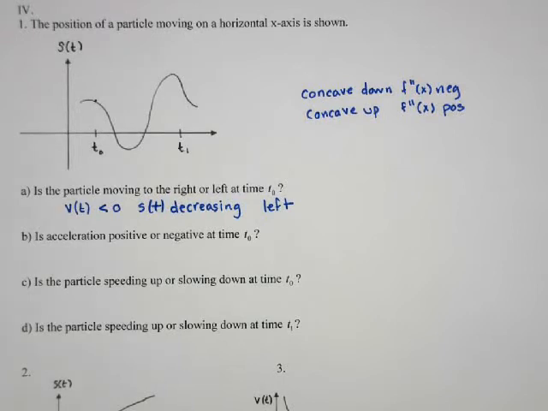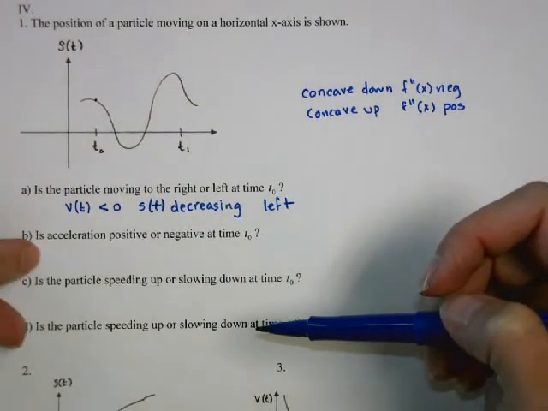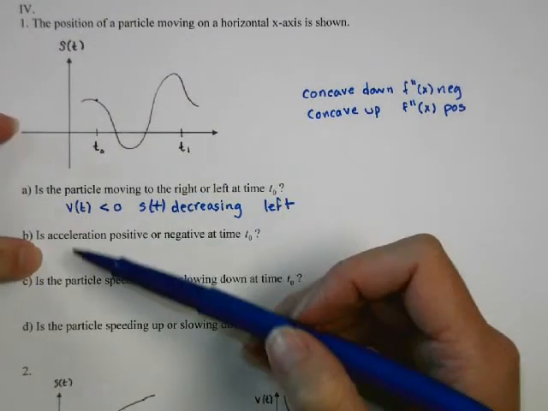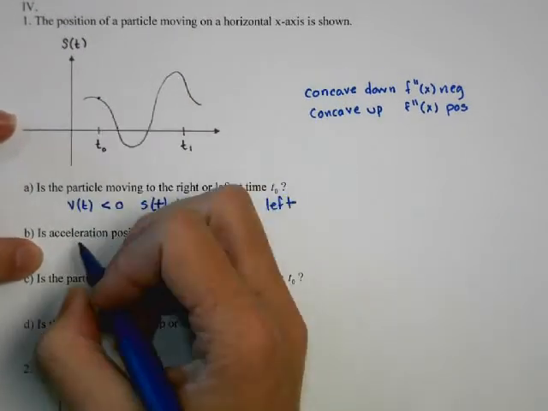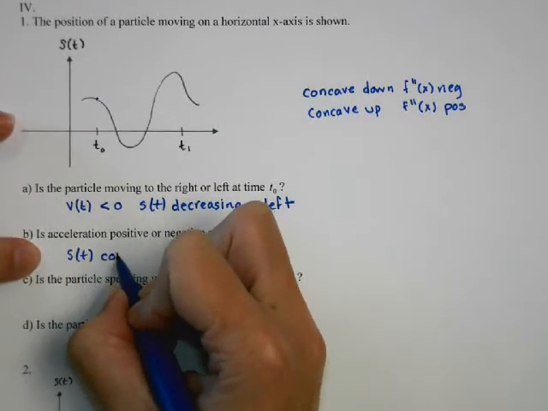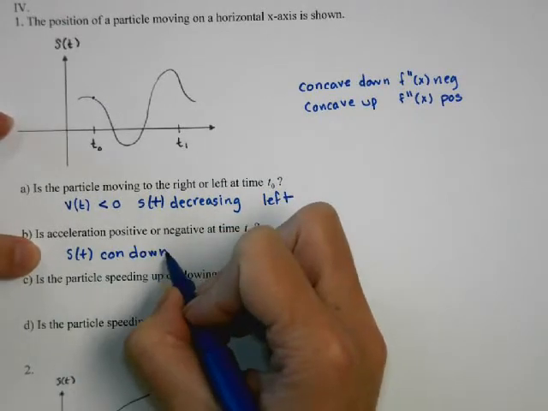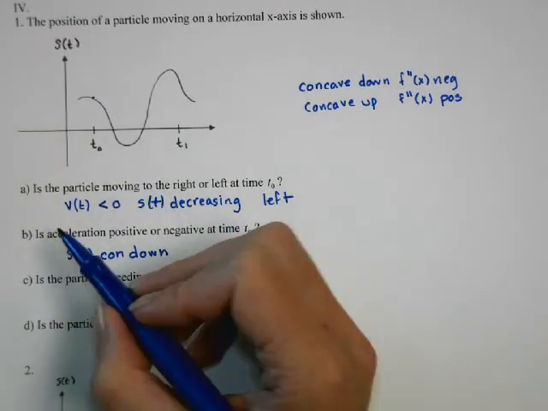For these problems where we have position, velocity, and acceleration, acceleration is the second derivative of this. So this graph, S of t, is concave down, which means this acceleration is negative.